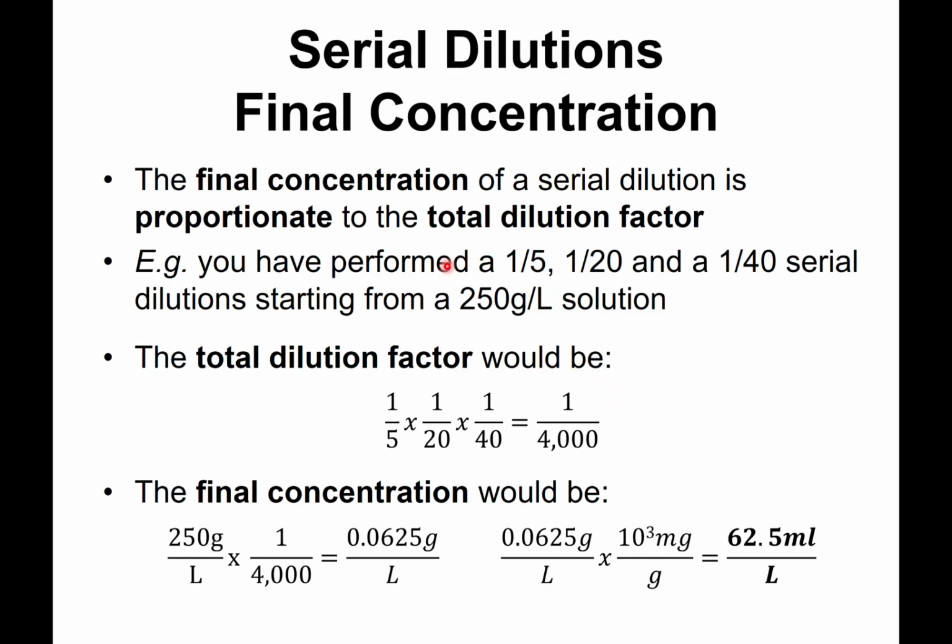Well, now the concentration at the end of these serial dilutions will be proportional to the original concentration by the dilution factor. So if you multiply the starting concentration times the total dilution factor, exactly like in simple dilution, basically, you will get the final concentration of the solution.